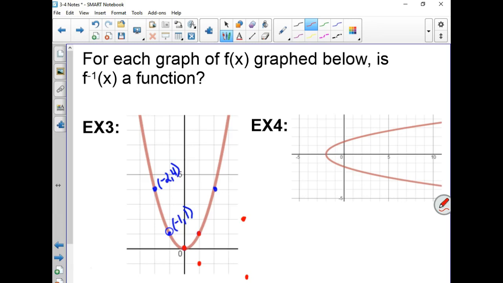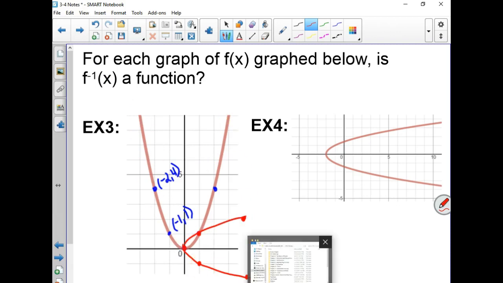So if I reflected it over that line y equals x, that diagonal line that runs through the first and third quadrant, then I would get a graph that would look like this. This graph is a function, but its inverse is not, right?